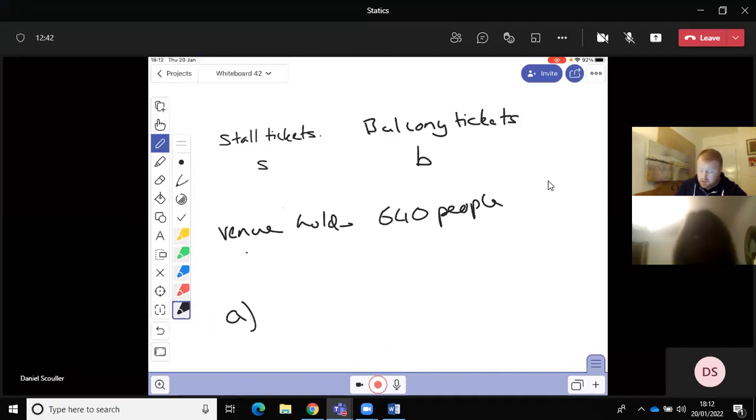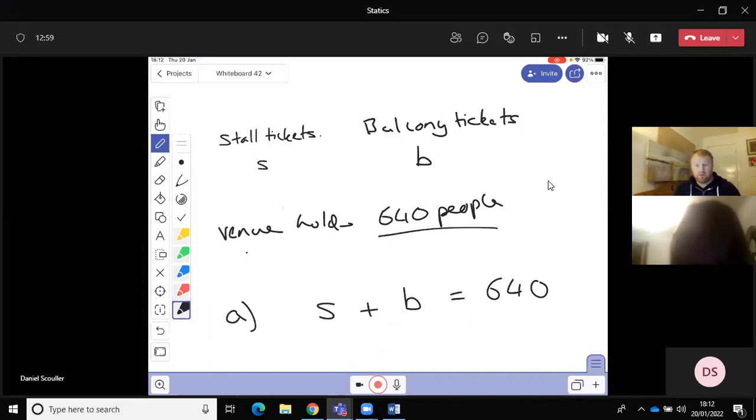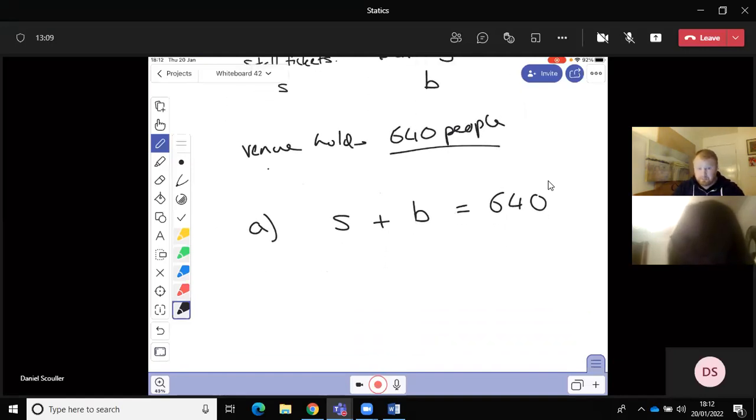Essentially we've got S plus B equals 640. Simple as that. Stall tickets plus balcony tickets equals total venue. Nice and simple. It's the only data we've got so far in that question.